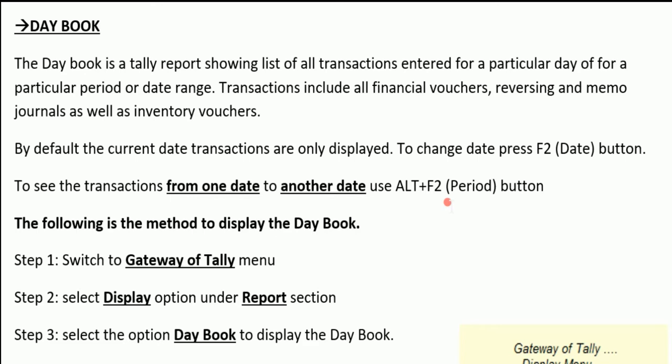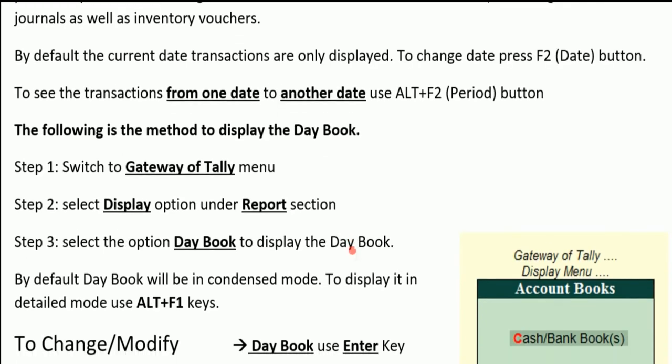But commonly in the beginning it will show the 1 day's transactions. By using F2 we can change the date and display the day book of that given date. By using Alt F2 we can change the period or the date range and display the day book of any date range.